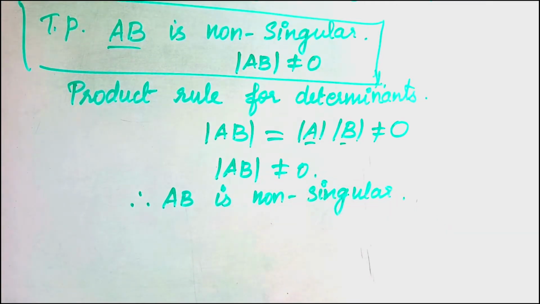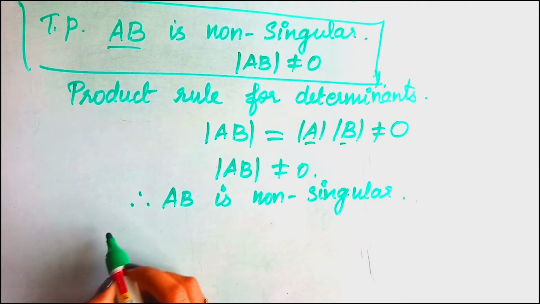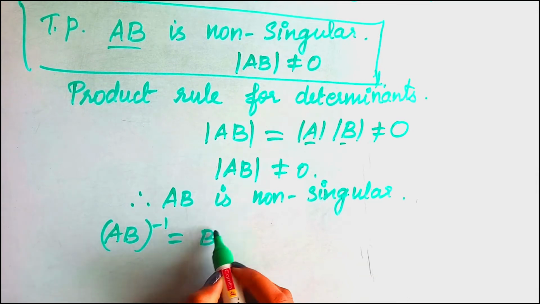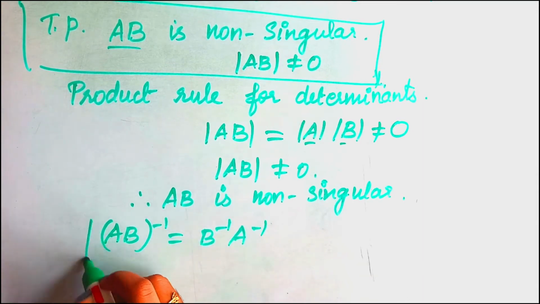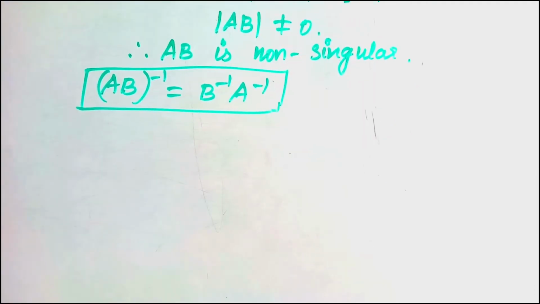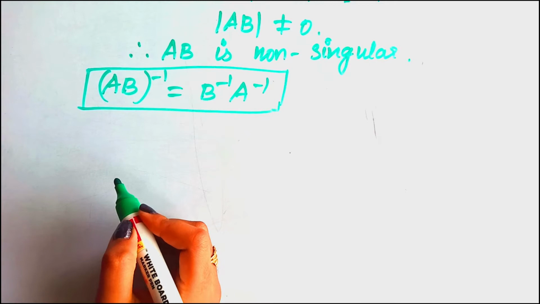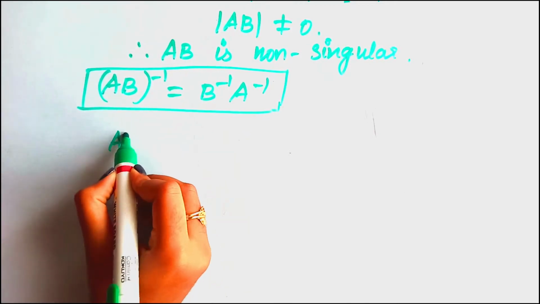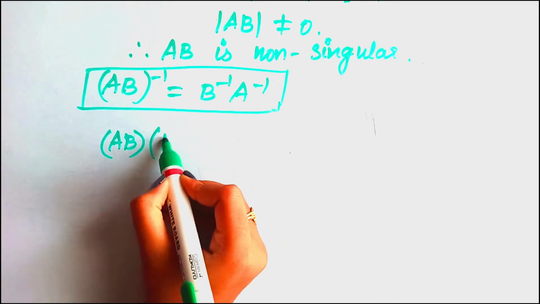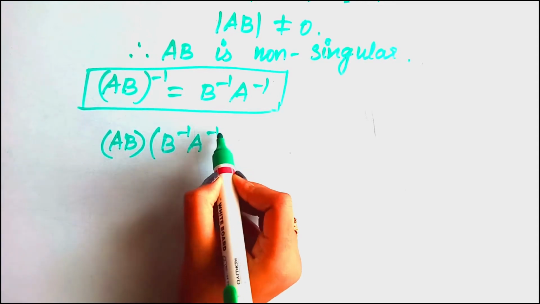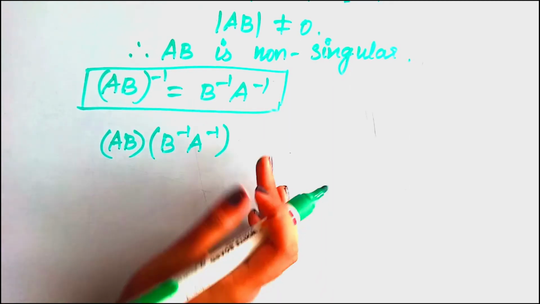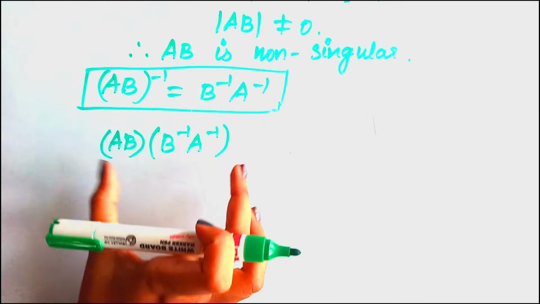The second thing you have to prove is that (AB) inverse is equal to B inverse into A inverse. For finding this, we are taking two matrices: the matrix AB, which we have just found, and another matrix, B inverse into A inverse, because we already know that B inverse and A inverse exist.